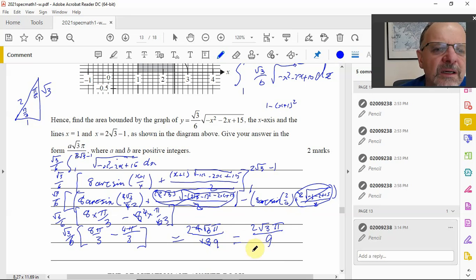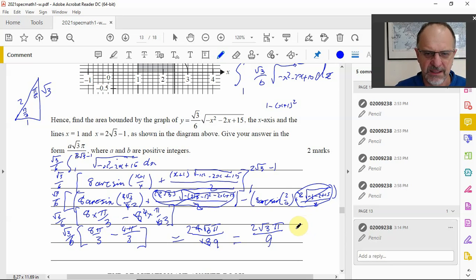All right, and then it says the form we want is a root 3 pi on b, and so that's now the form that we've got. So again, there's a bit of fiddling around in that. It's very easy to make some arithmetical errors, but it does use the part above to find the solution.